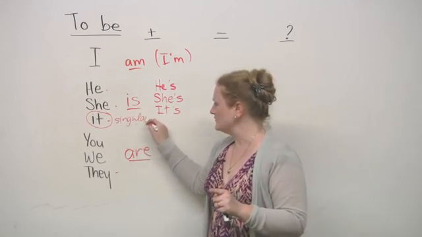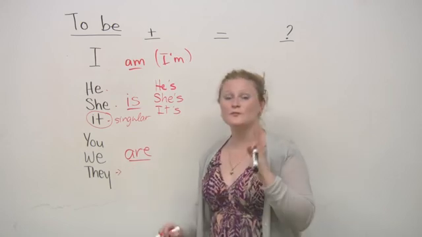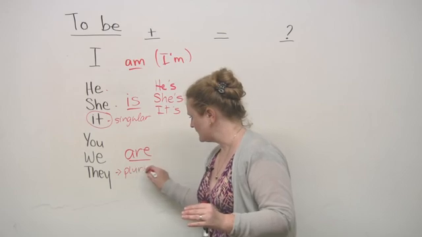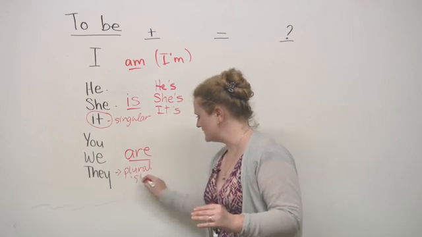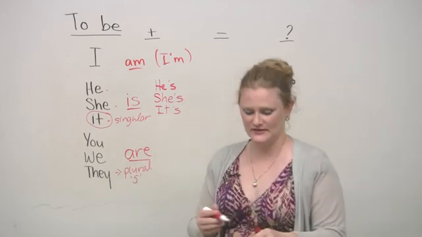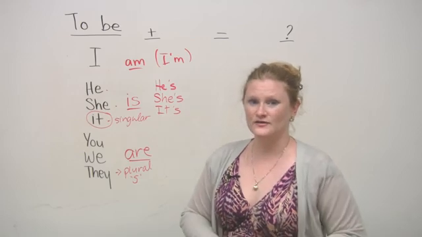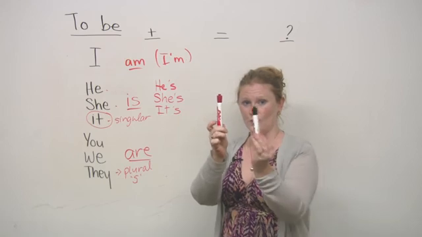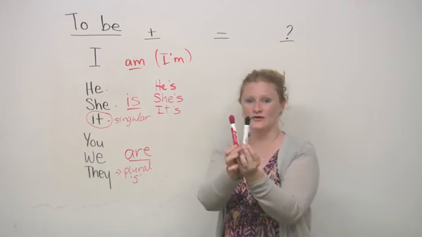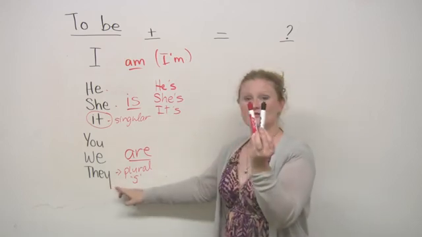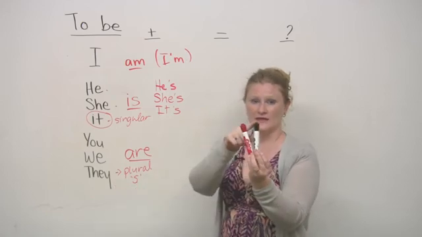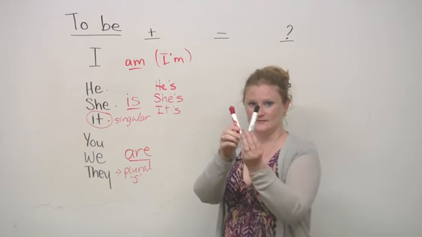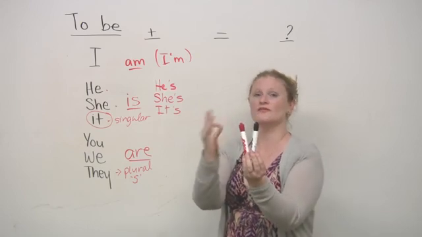We also use they for plural nouns. So if the noun is plural, it's going to have an S on the end. For example, I told you that it is red for one marker. I have two markers. I have to say they are black and red. So one is it, two or more are they.